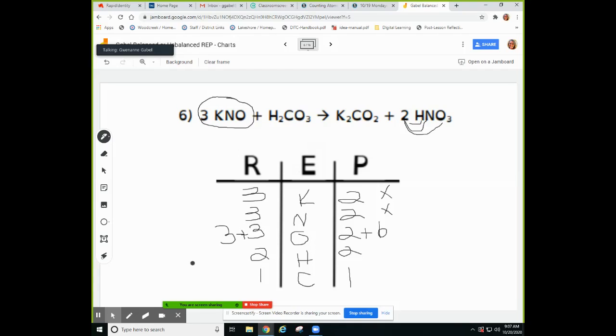The law of conservation of mass has not been met because we have lost atoms, and that doesn't happen. With oxygen, it seems that we gained atoms. We have a total of 6 on the reactant side, but we have 8 on the product side.